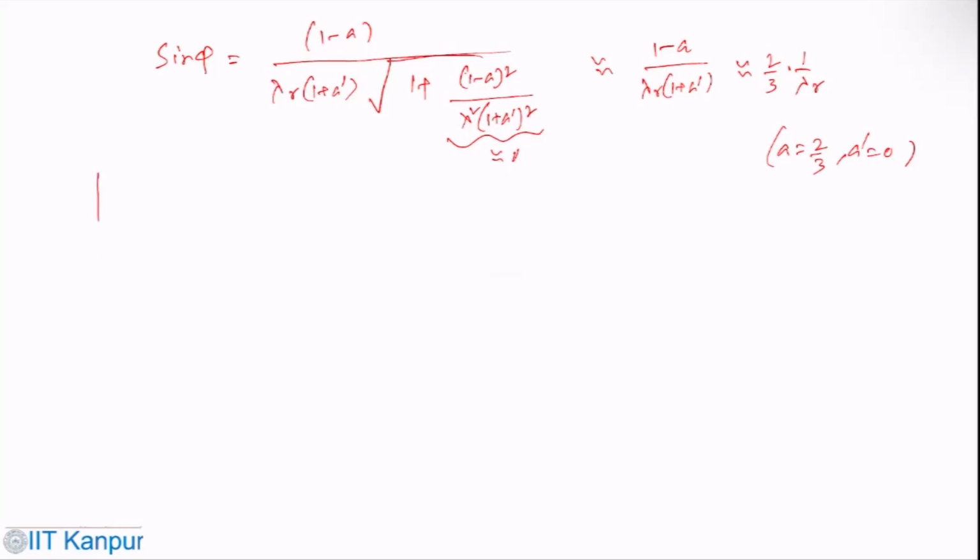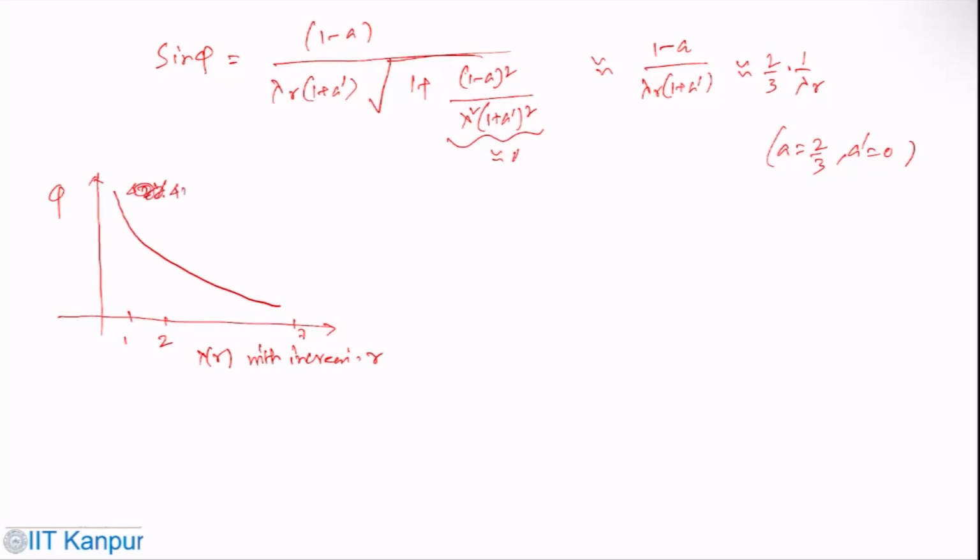So now if you plot phi, with lambda r with increasing r from 1 to let's say 7, that goes like this. So this could be around 42 degree, this would be around 5 degree like that.